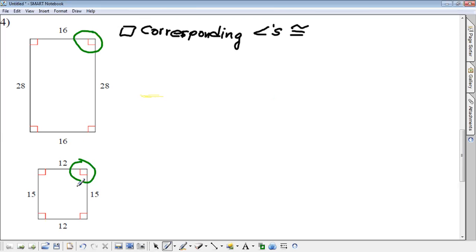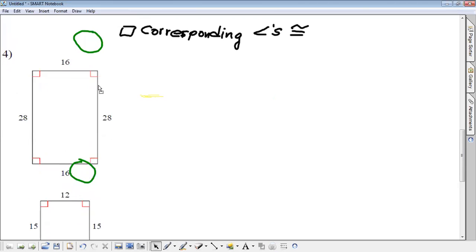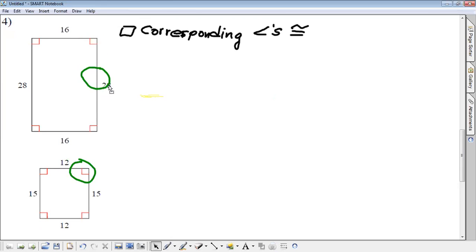Isn't one of them bigger? What does this red square mean? 90-degree angle. What is this? 90. So are they equal? Yeah. Now look at the bottom right angle. Are they congruent? Yeah. Now look at the bottom left angle.